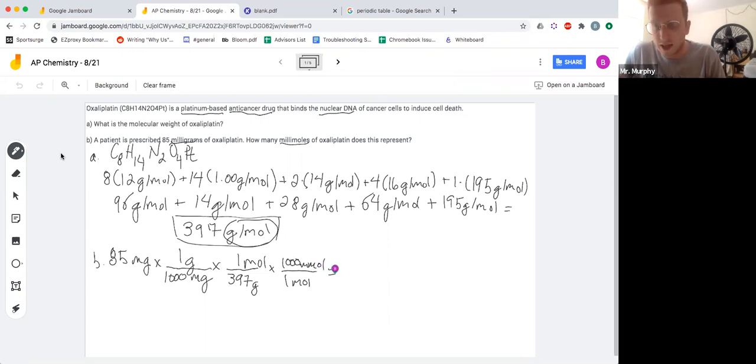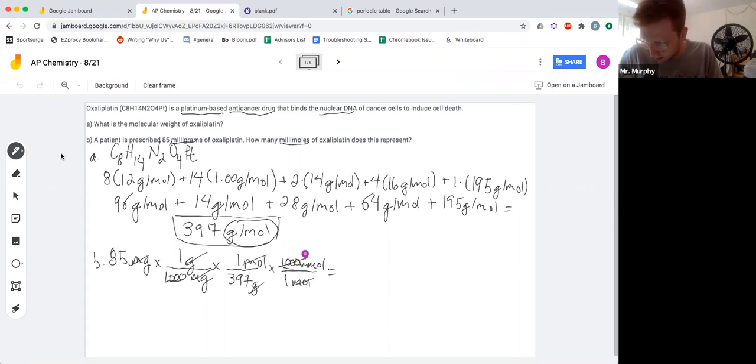Now, before we find the answer, let's cancel out all of the units. Milligrams, now we're in grams. Grams, now we're in moles. Moles, now we're in millimoles. Something else that I find very helpful, you see here and here, in the numerator there is a 1,000, and in the denominator there is a 1,000.